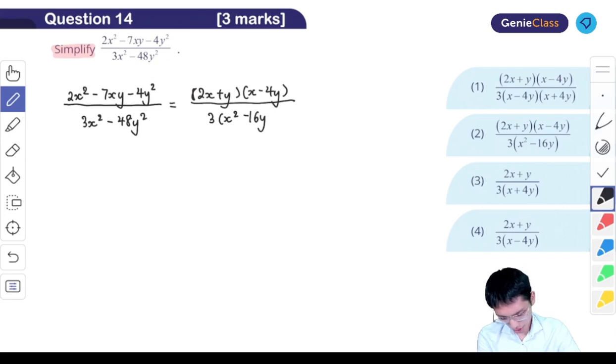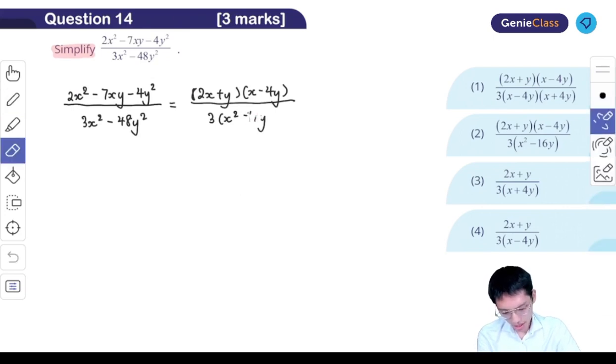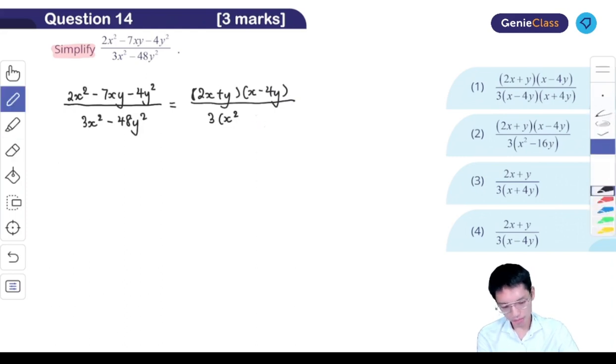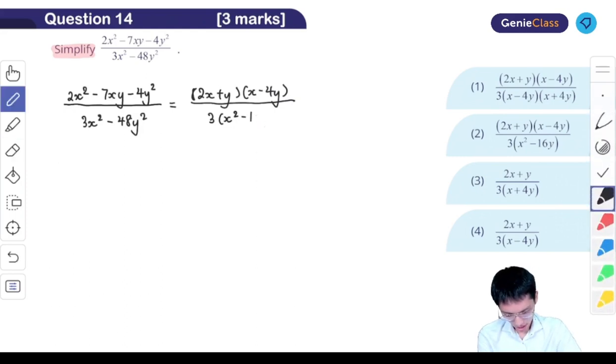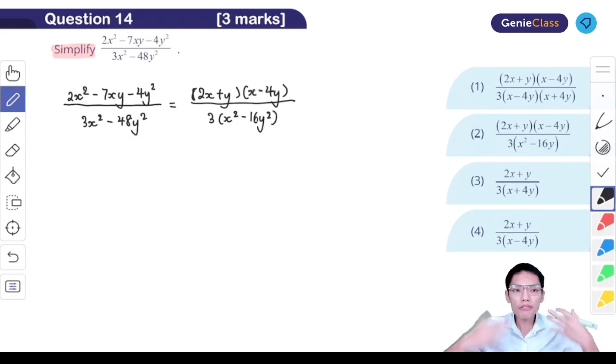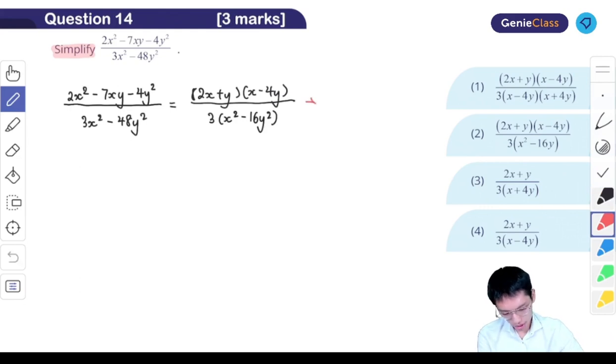Then you realize, oh, some of yours stop here. But is this simple enough? Is this the most simplified that we can get? Because when you talk about simplify, it is always best to make sure we simplify it as much as we can till we cannot do it anymore. So that's where the first mark over here is to simplify the top and the bottom.